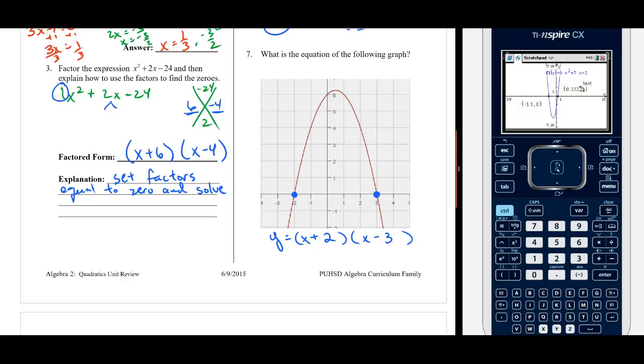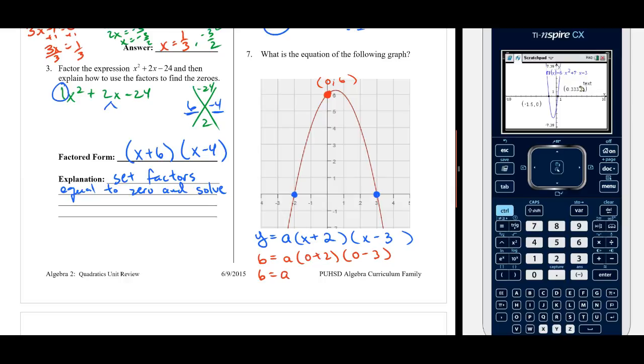And then what I need, though, is I need to know about some value that might be out front of this, some a value. So to find a, I just need to pick another point on the graph, and this 0, 6 point looks like a good one to pick. So if I plug that in for x and y, 6 equals a times 0 plus 2 times 0 minus 3.